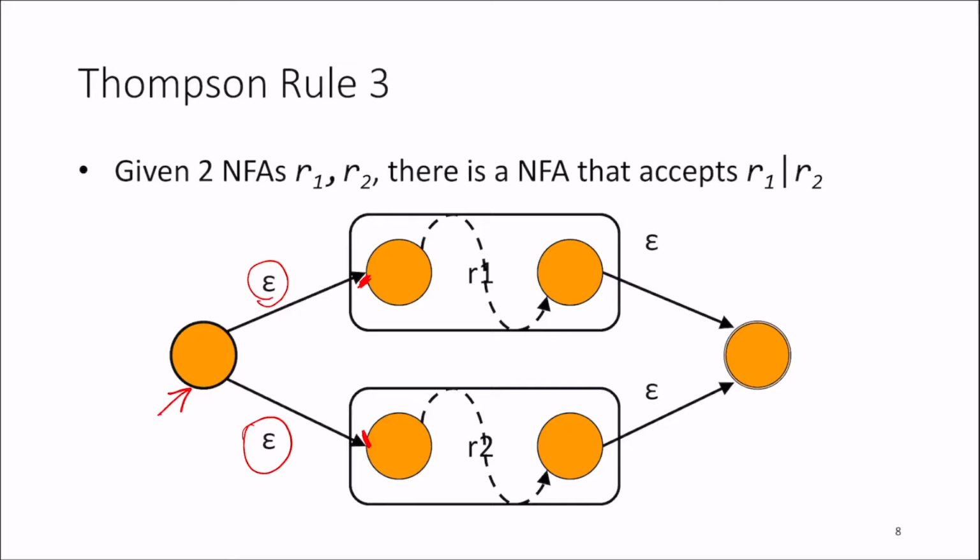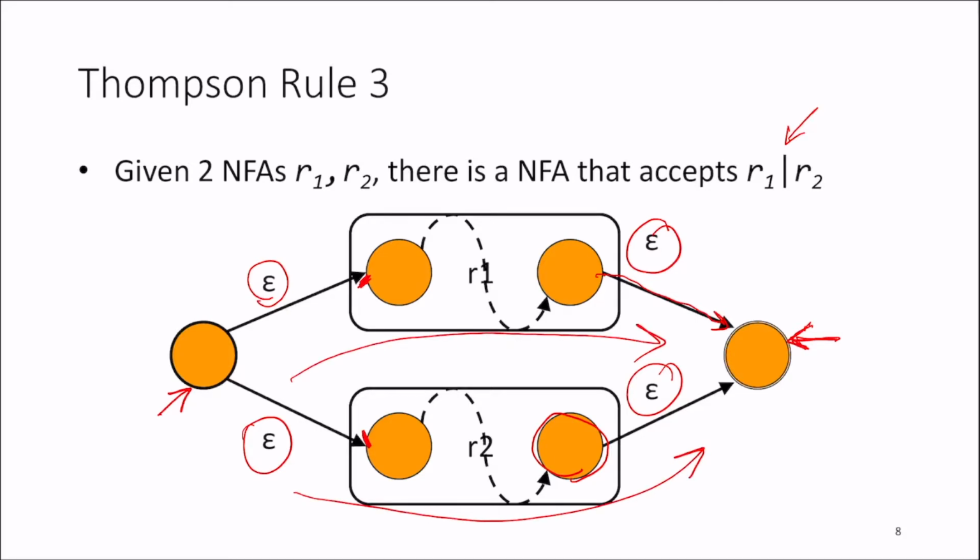So this essentially counts as this alternation. It says I can either go to R1 or go to R2, and the final state of R1 has a transition on the empty string to the new final state, and the final state that was for R2 has a transition on the empty string to the same new final state over here. So notice that I can take either this path or this path, and that is the definition of R1 or R2. So I can build a bigger NFA that accepts this alternation.